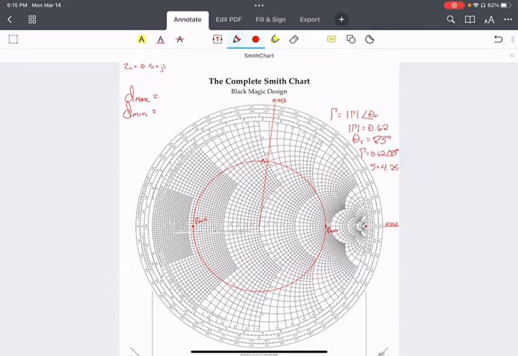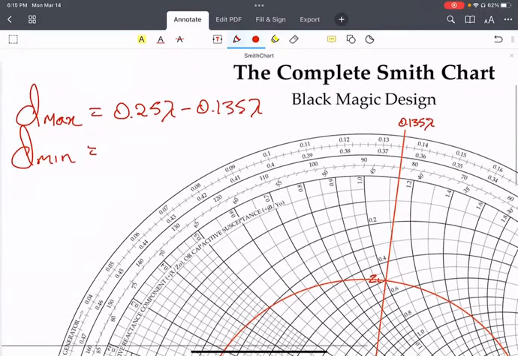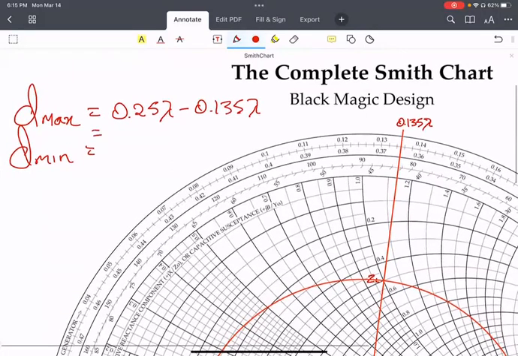All right, do we have a number for D max? What do you get for D max? Yeah, so it'd be 0.25 because that's our ending point minus our starting point, which is 0.135. So it's going to be, let's do it down here. All right.